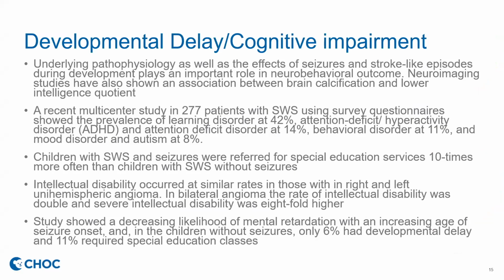All right, so how about developmental delays or cognitive challenges? I already mentioned earlier that there's an association of uncontrolled seizures and worse cognitive outcome. But also many patients have hyperactivity, attention deficits, some behavioral issues.